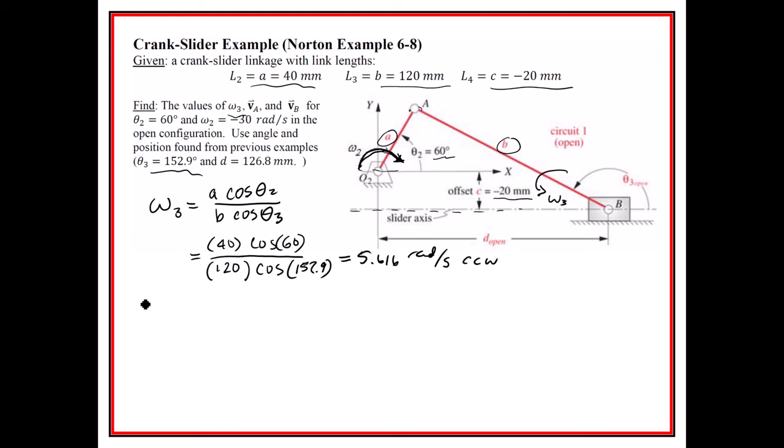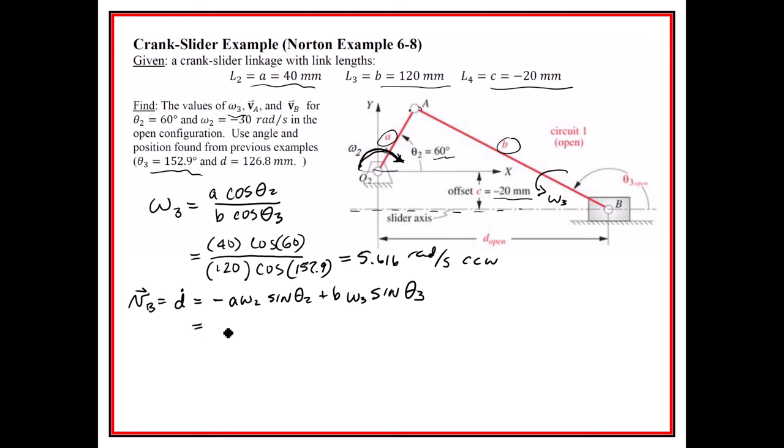In order to get D, and this is going to actually be the velocity of B, is going to be equal to the D dot, we use negative A omega 2 sine of theta 2 plus B omega 3 sine of theta 3.